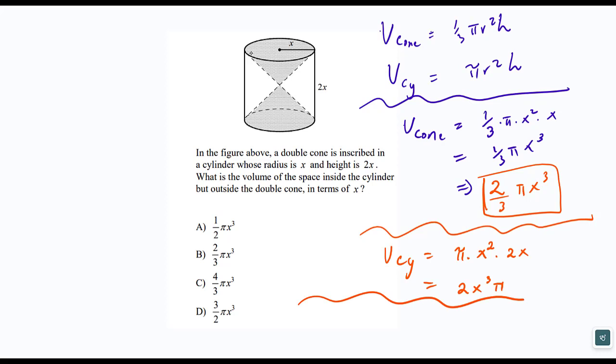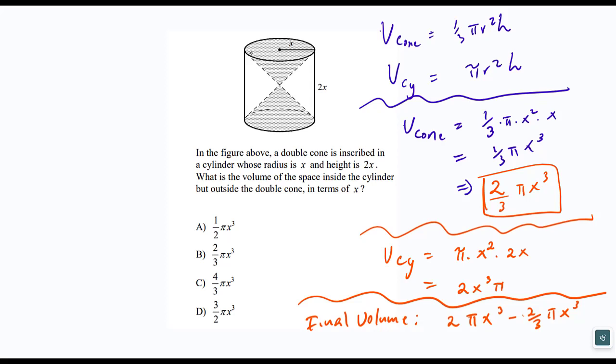Now I need the volume inside, so all I need to do is to subtract both volumes. This is going to be my final volume. That's simply going to be equal to the volume of the cylinder, which is 2 pi x cubed, minus 2/3 pi x cubed.